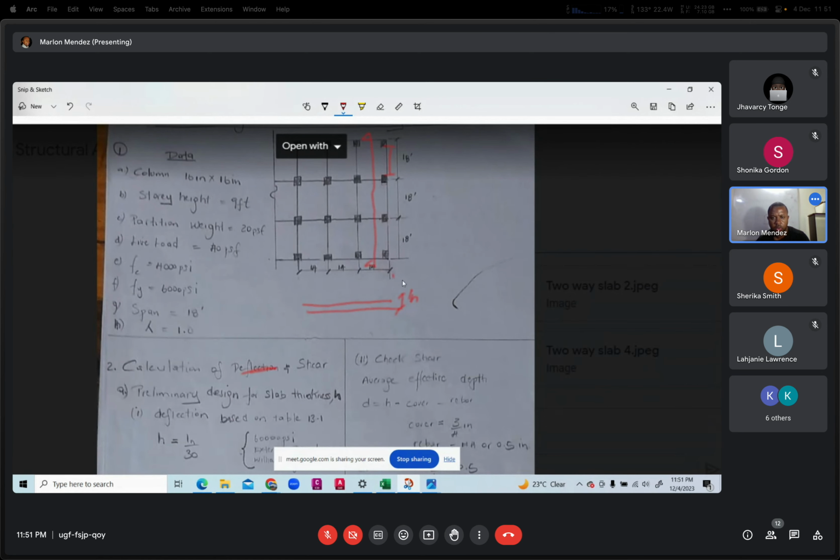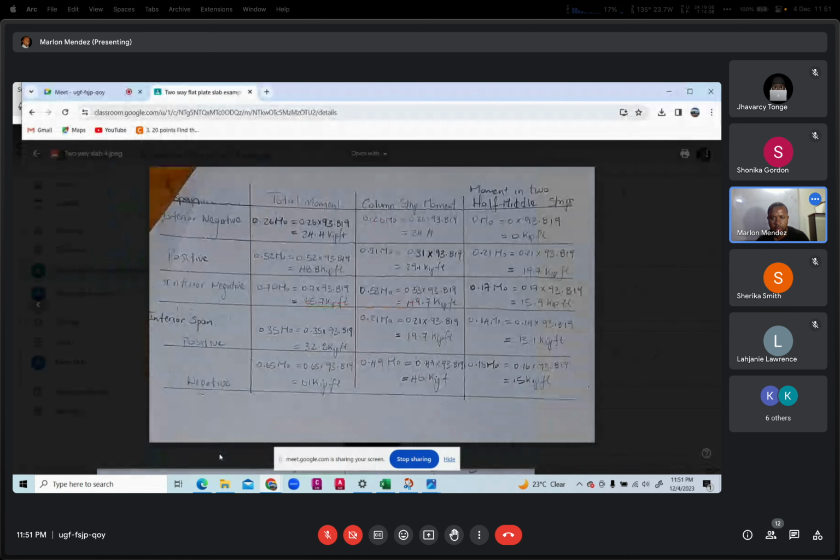You would have to take that into consideration in applying this table. And the interior negative may be a case where the span may vary.